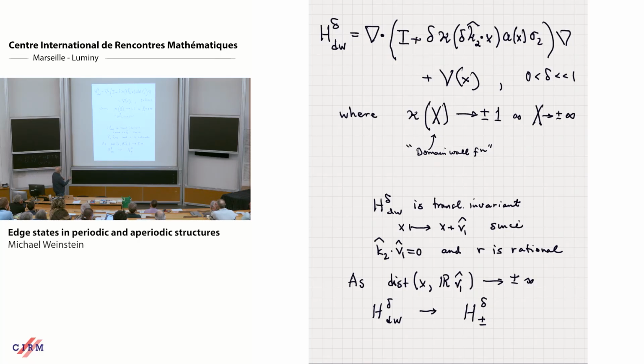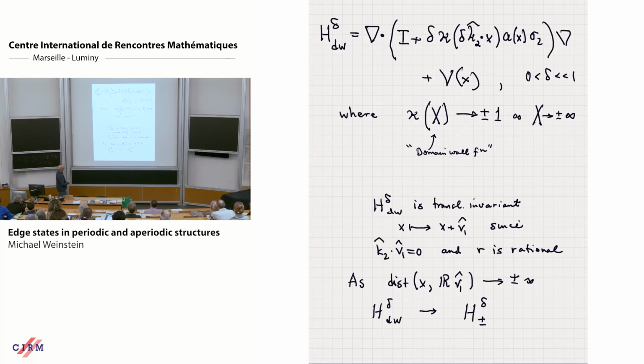Again, it's going to be a smooth and slow interpolation between asymptotic Hamiltonians, H delta plus and H delta minus, corresponding to putting kappa identically equal to 1, and K2 hat is that dual lattice vector, which is perpendicular to V1 hat, which is the direction. And this operator over here is translation invariant with respect to V1 by the standard relations between the K hats and the V hats.